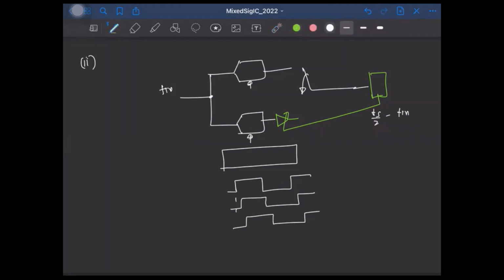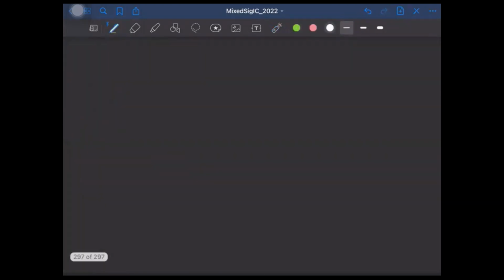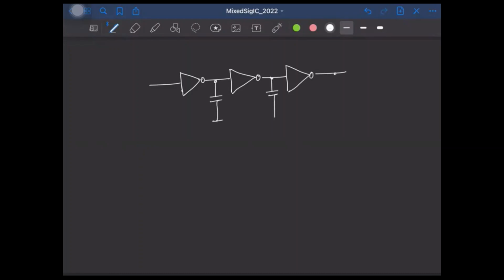And to generate multiple delayed versions of the clock, you can have a programmable delay line. And of course, you might be learning, or you might already have learned if you are taking the circuits for frequency and phase synthesis course. So you can essentially have an inverter chain or a buffer chain like this, and you tune the capacitor value.